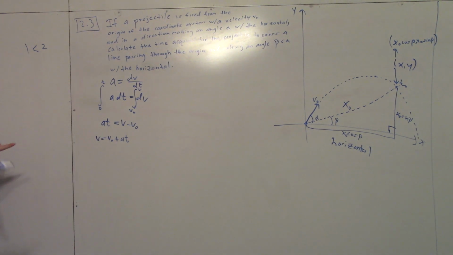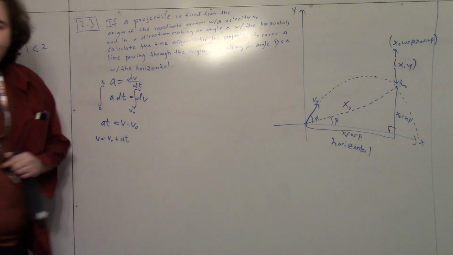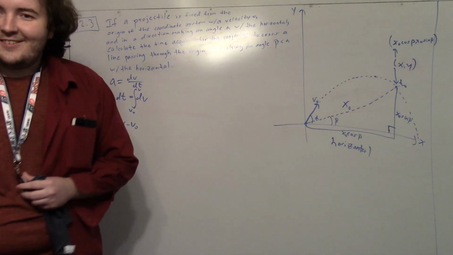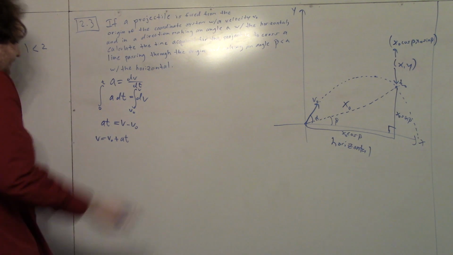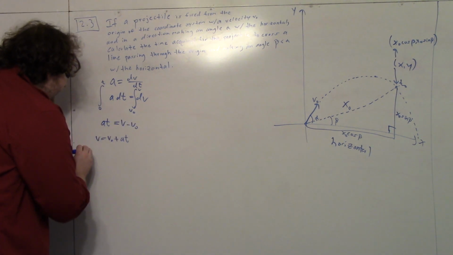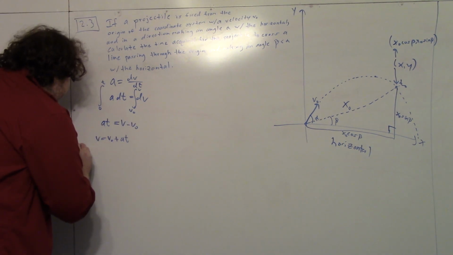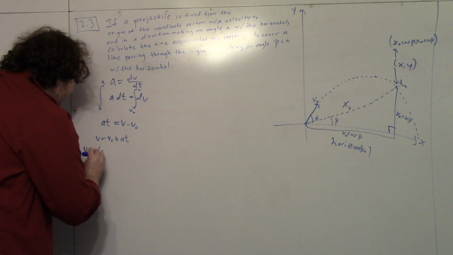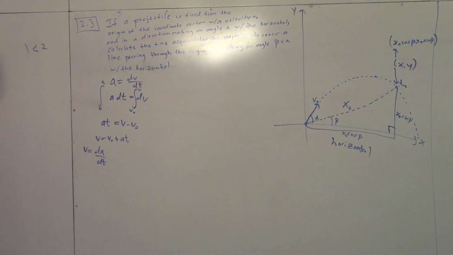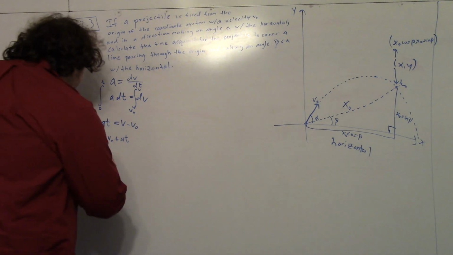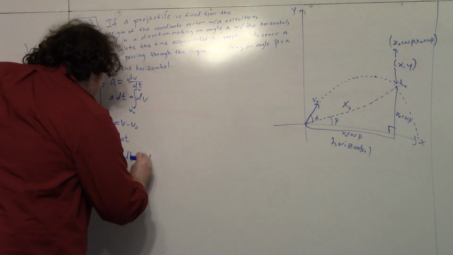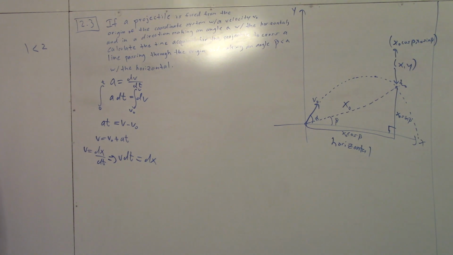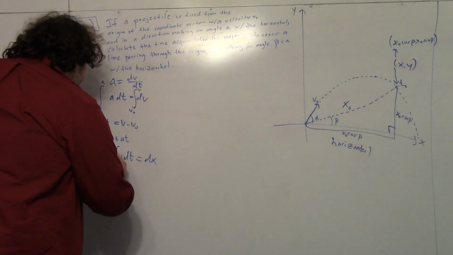So what's a velocity, you may ask? You're right, it's just a distance over time. So what do we do with such a thing? Let's redefine v. V is dx over dt. Let's take that. V dt equals dx. Let's integrate both sides.